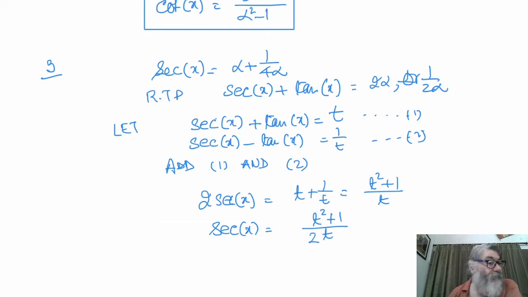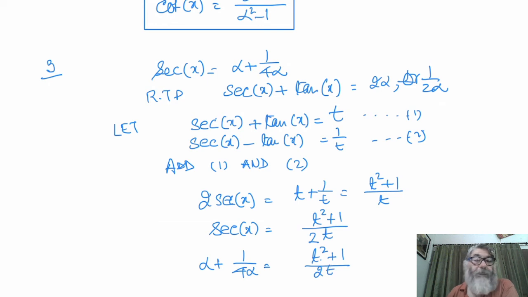And what is the value of sec x? The value of sec x given in the question is alpha plus 1 upon 4 alpha, which is equal to t square plus 1 upon 2t.